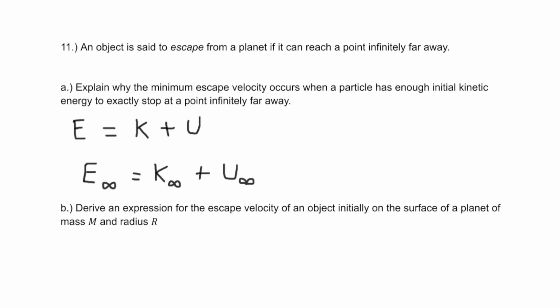No matter what is happening with your system, the potential energy at infinity is 0, because that's what we define it to be. So the energy at infinity is just going to be equal to the kinetic energy at infinity. And again, realize that kinetic energy is 1/2 mv squared, so it can't be negative. So that means that your energy must be a positive value to escape.